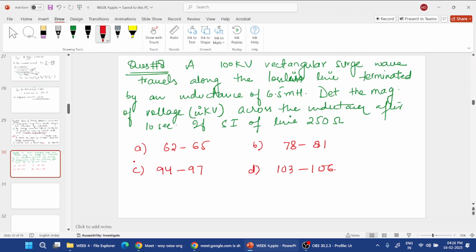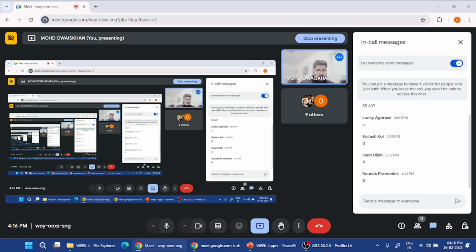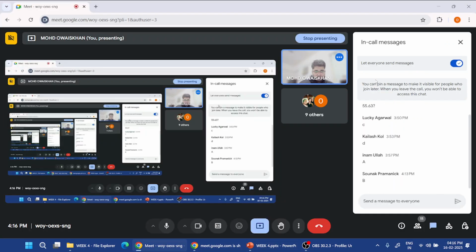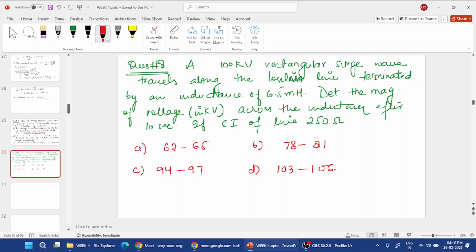So you have to give me the correct answer. I'll wait a few minutes. You have to solve it. Then we will see which one has given the correct answer. Now solve this question number 8. It's a very simple question.